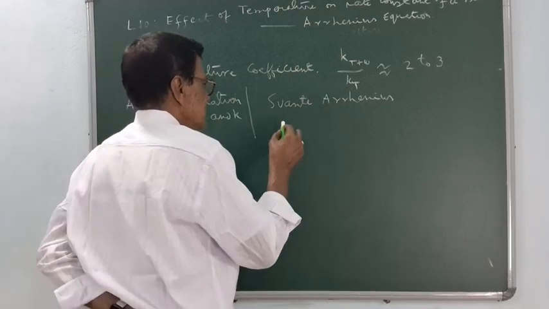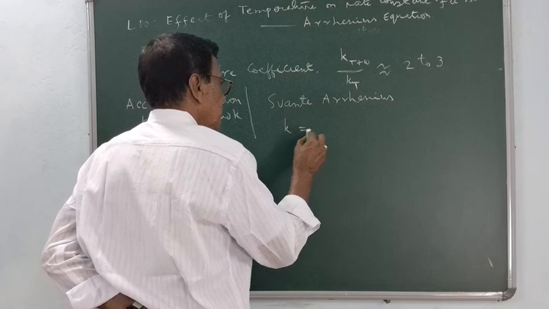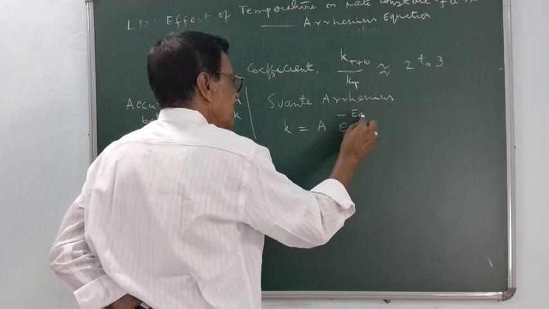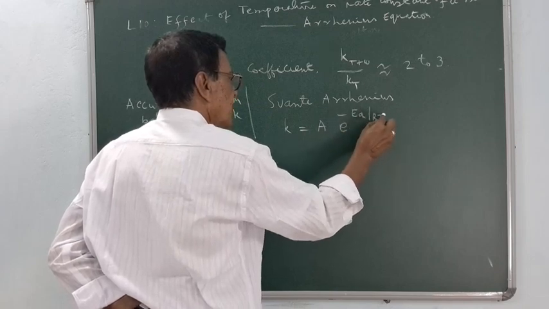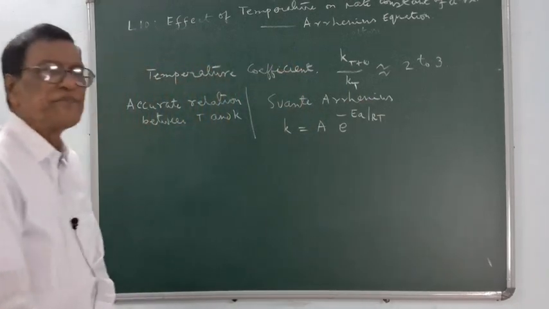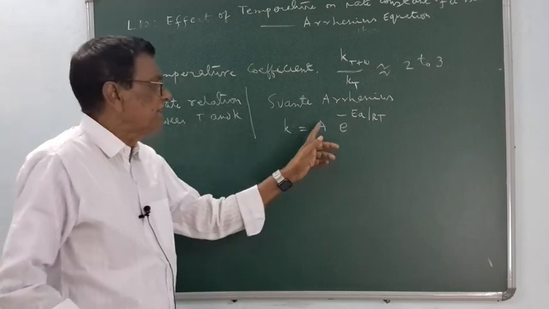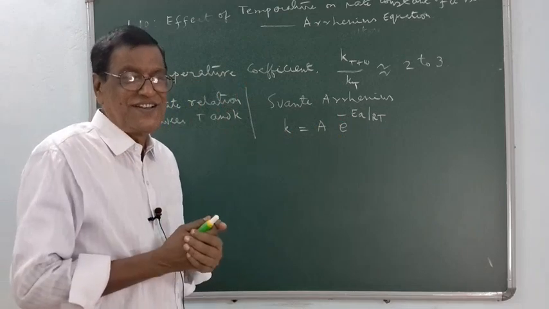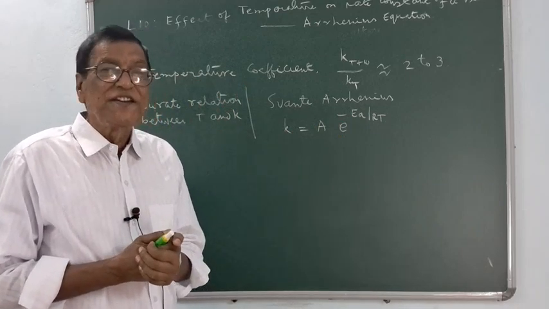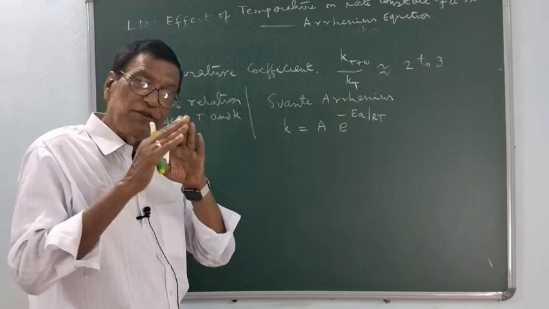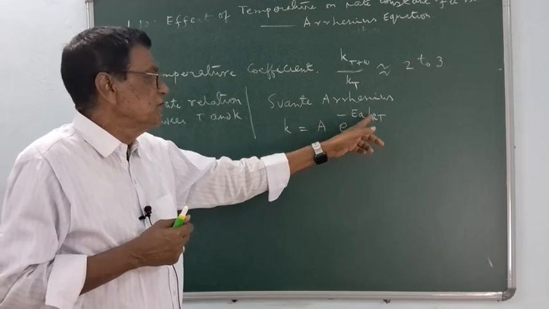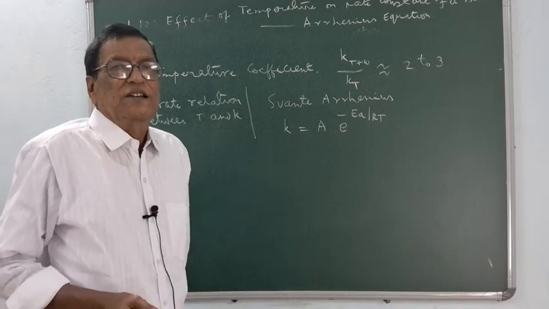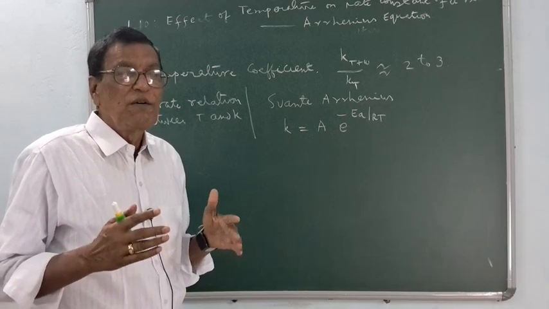And this one is K equal to A into e to the power minus EA by RT. A and EA are considered or assumed temperature independent. These are the constants of a particular reaction. R is the universal gas constant whose value is 8.314 joule per mole per Kelvin.